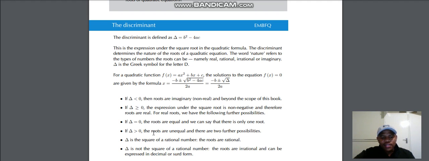If our delta is greater than 0, then it means that the roots are unequal, and therefore there are two further possibilities.